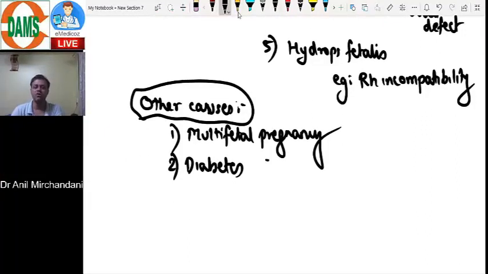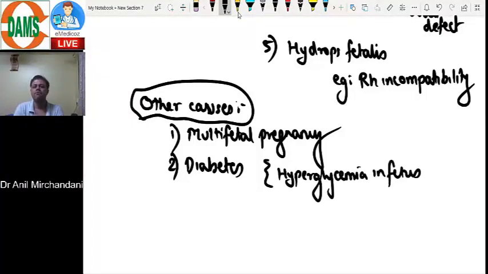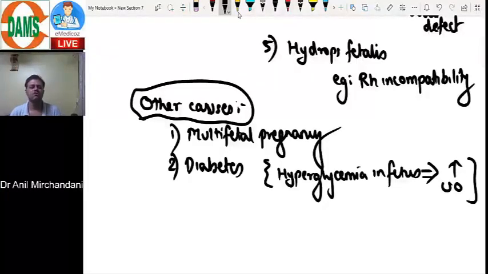Diabetes. Why diabetes will cause poly? Because there will be hyperglycemia in fetus, which would lead to more urination. And baby is larger than normal, so there will be more urination, and that's why polyhydramnios. Yeah, diabetic patients have polyhydramnios.